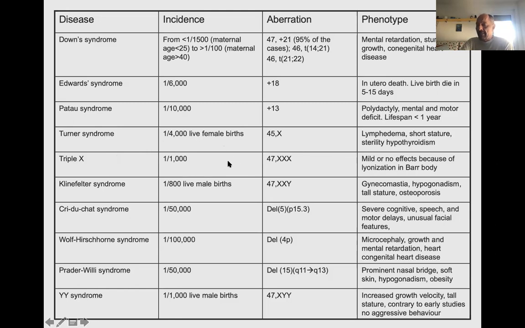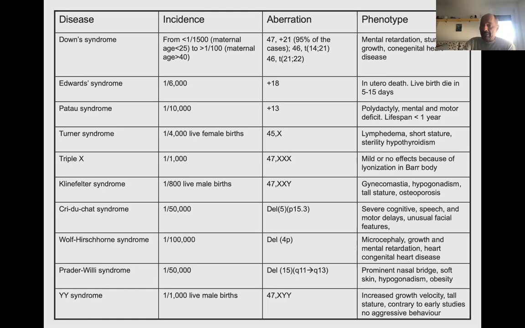Triple X instead has mild effects, and is 1 in 1,000, so it's relatively common, because it's not a big problem: in women, one of the 2 X chromosomes is inactive. They only use one. This is called the Barr body. So one of the 2 X chromosomes is totally heterochromatic. In triple X syndrome, both extra ones are heterochromatic. So generally, there are no phenotypic effects.